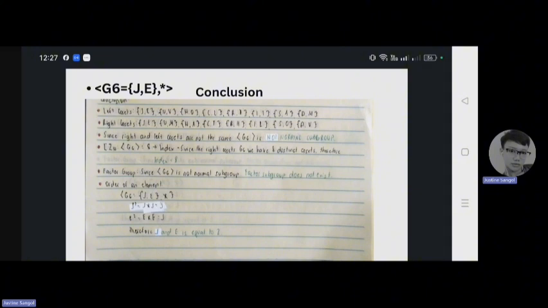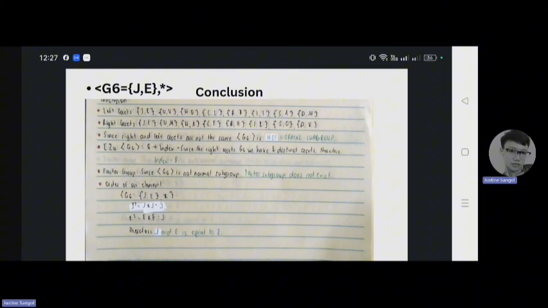And the right cosets are GE, UM, NA, CT, RH, IL, SO, DV. And since right and left cosets are not the same, subgroup G6 is not normal subgroup.